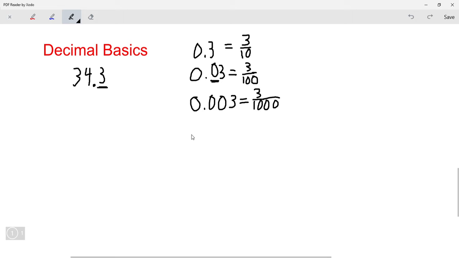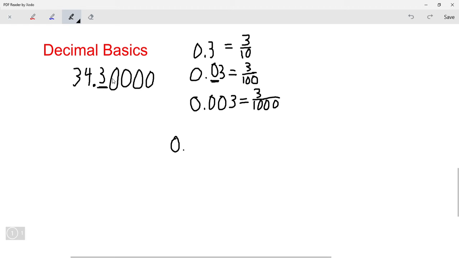Now, there are a couple of things to note here. One is that if I continue to draw zeros after a decimal, like I am now, it does not change the value of the decimal. So, adding these zeros, technically I could add an infinite amount of zeros after the decimal, and it will not change the value of the decimal.